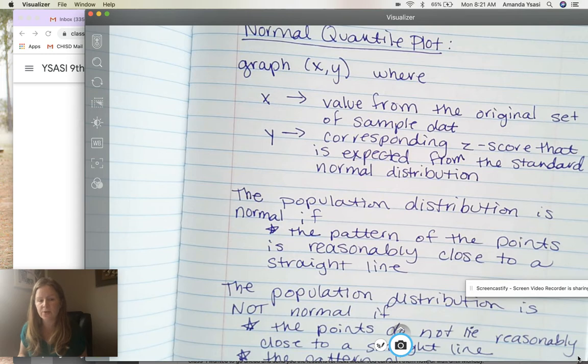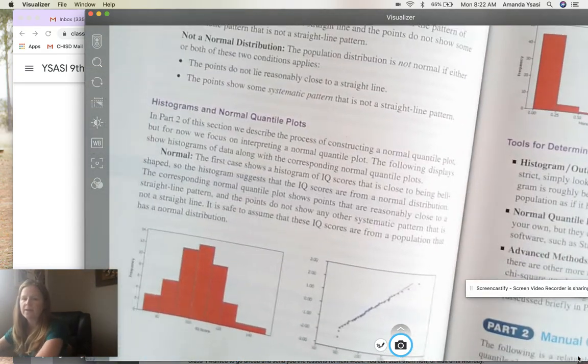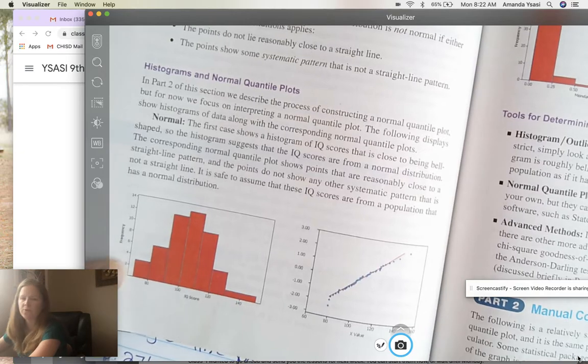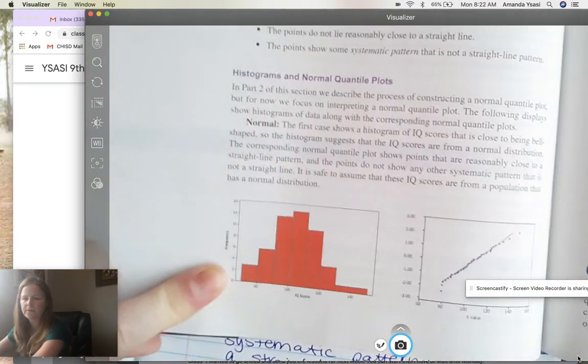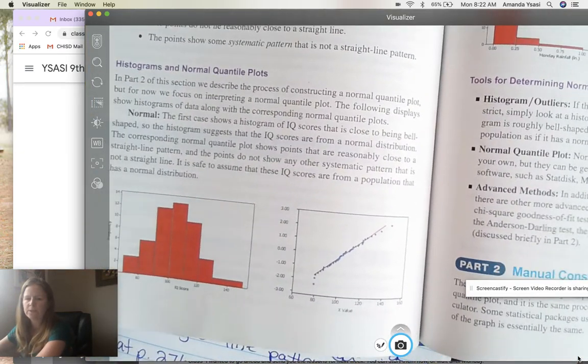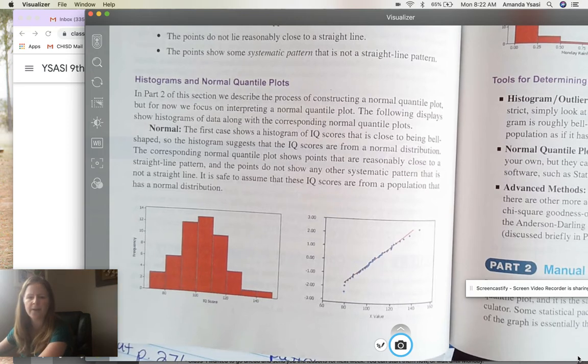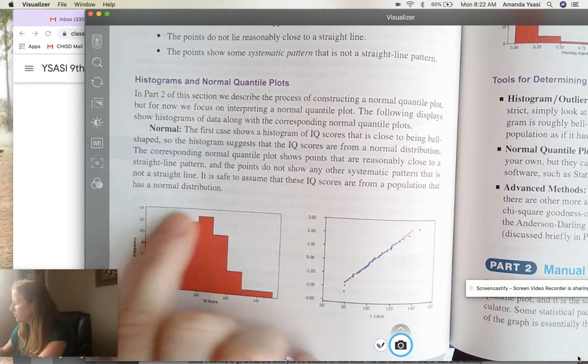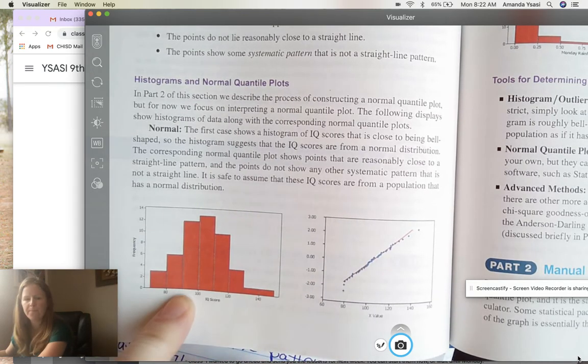So I'm going to show you in the book where that is. That's on page 276. So this is a normal plot. Okay, so this is a pretty normal distribution, right?